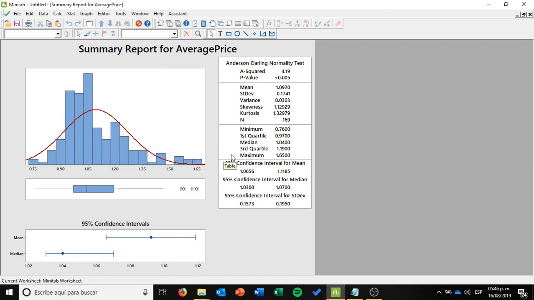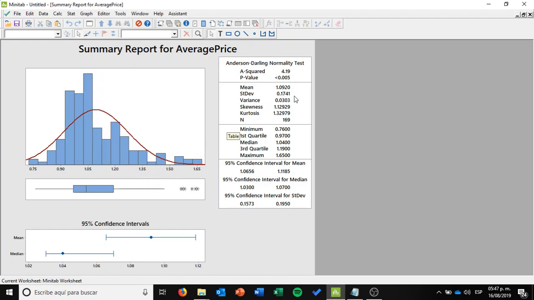This new analysis is quite interesting. First of all, it's giving us the histogram. In this histogram, we can clearly see there is a right tail here, and we can confirm it by looking at these statistics measures that we have here. The average is 1.09, that is located somehow in this bar of the histogram. The standard deviation is 0.17.